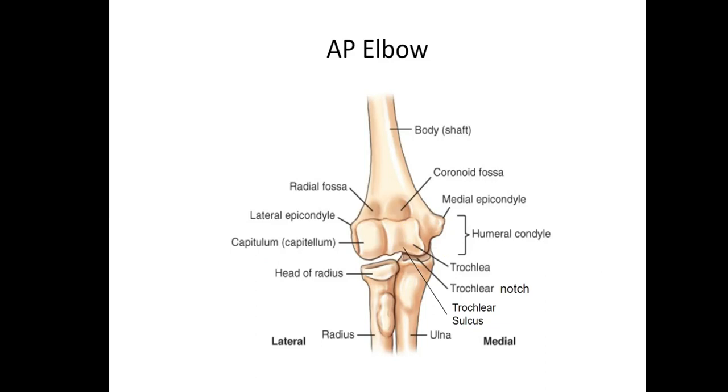And the trochlea actually has two ridges with a smooth, depressed center. So here's kind of one ridge of the trochlea, and here is the other ridge of the trochlea, and then in the middle is a smooth groove or depression. And that groove or depression is called the trochlear sulcus or trochlear groove, which I've labeled here.